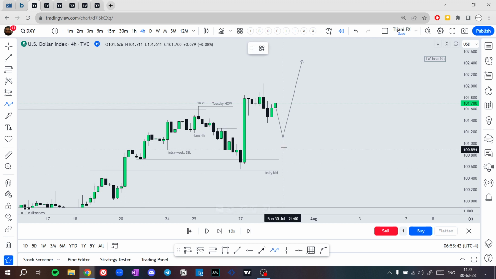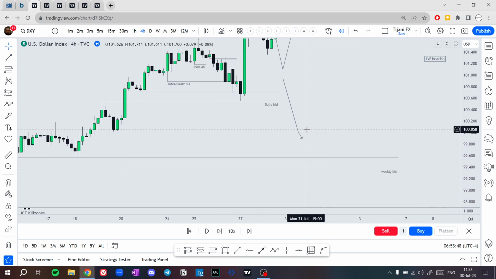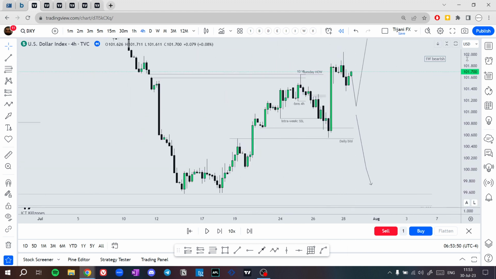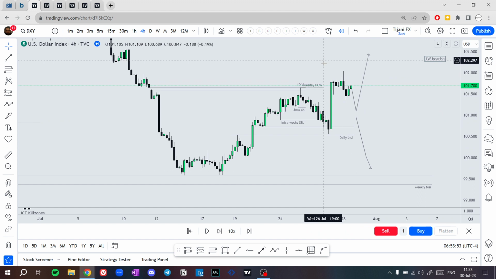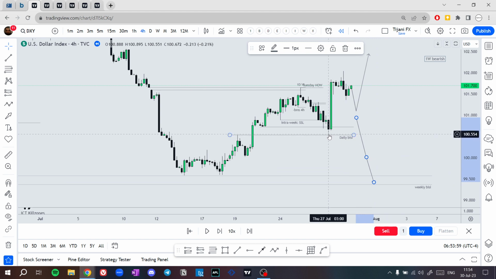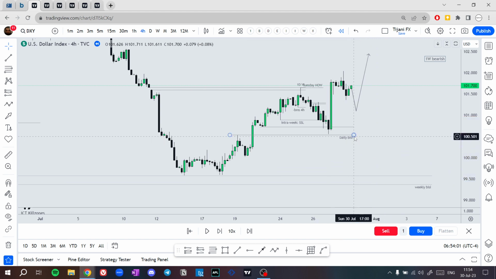Or maybe price checks this low here, which is a confirmation that price is bearish without retracing to optimal trade entry higher, or to mitigate the daily breaker, just to drop lower if it takes this low here. So this low will become our invalidation point.